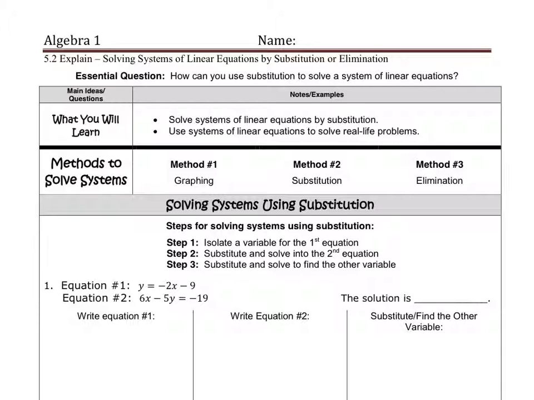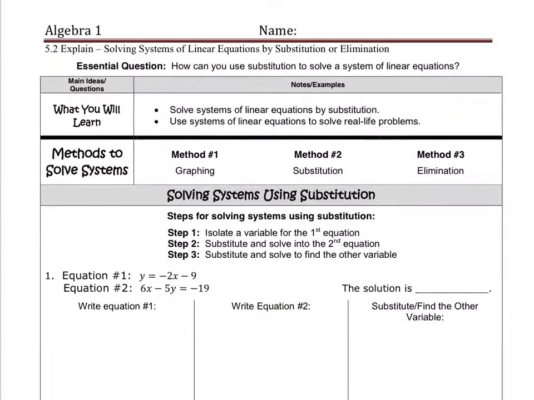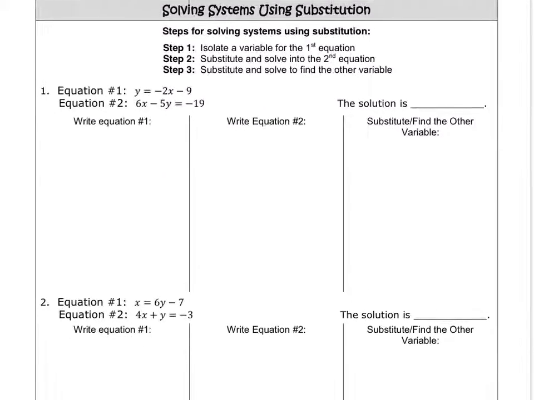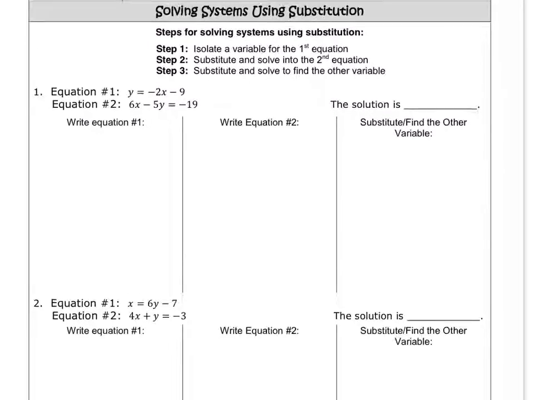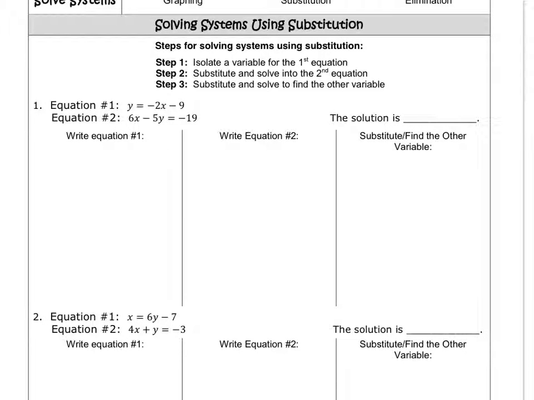So let's look at this very first equation. Okay, and on this first equation, we're going to use substitution. So what we're going to be doing is substituting out what we know y is into our second equation. So let's look at this. This first equation, let me make this a little bigger.